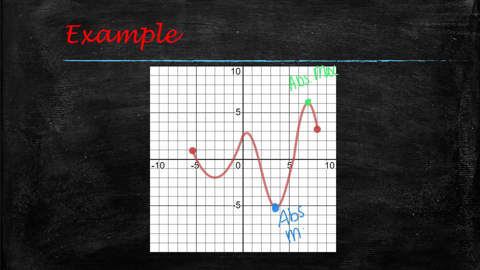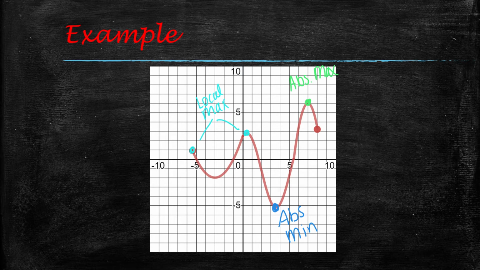This is going to be the absolutely lowest point. But then we also have a local max. A local max would be considered right here. Okay, but we also have a local max right here because those are maximum points for those sections of the graph.